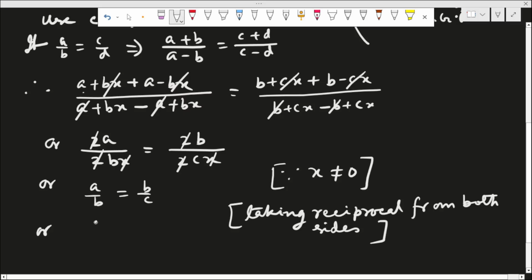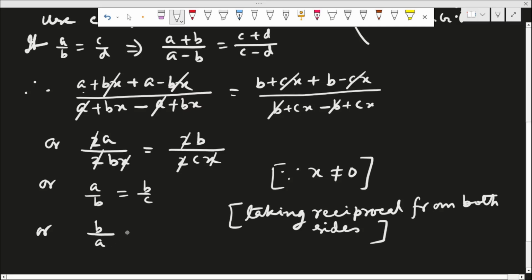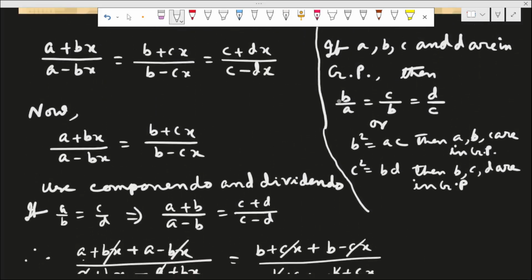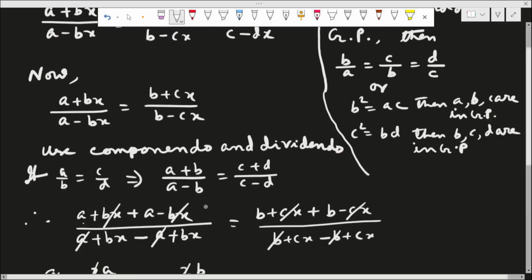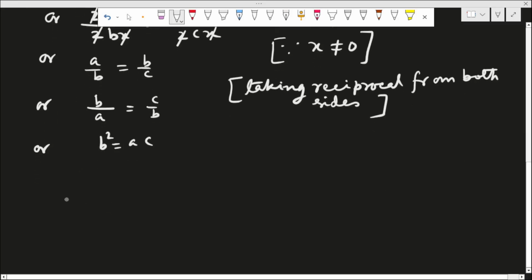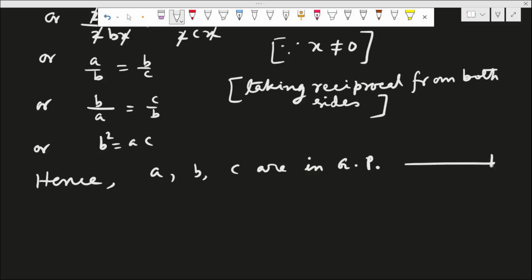So numerator will go to denominator and denominator to numerator. From the property given here, we may write also B square equal to AC. Hence A, B, C are in GP, name it number 1.